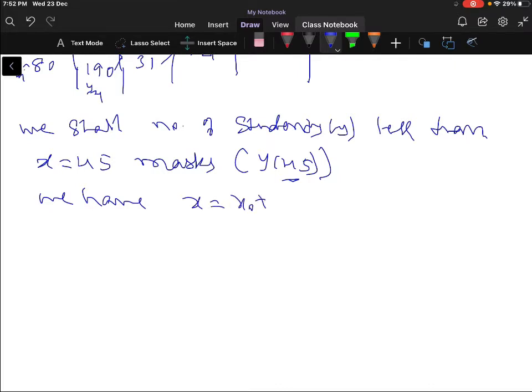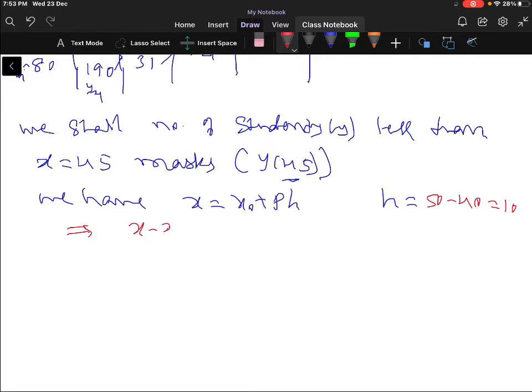We have x is equal to x naught plus ph, where h is the difference x1 minus x naught. X1 is 50 and x naught is 40. 50 minus 40 is 10.